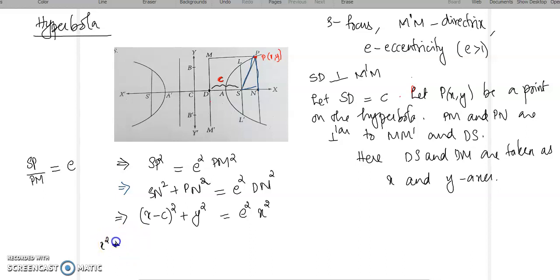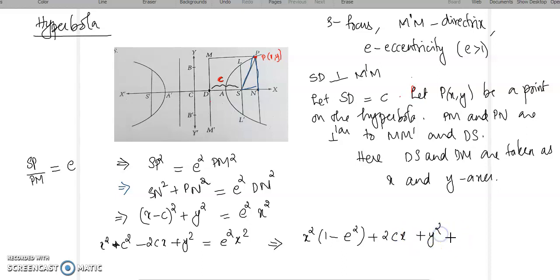Upon expanding you will get X square plus C square minus 2CX plus Y square will be equal to E square X square. So you will get X square into 1 minus E square plus 2CX plus Y square equal to minus C square.